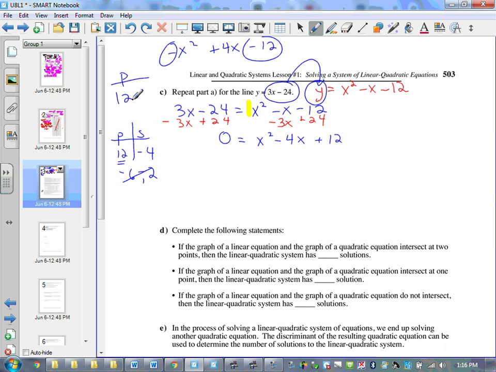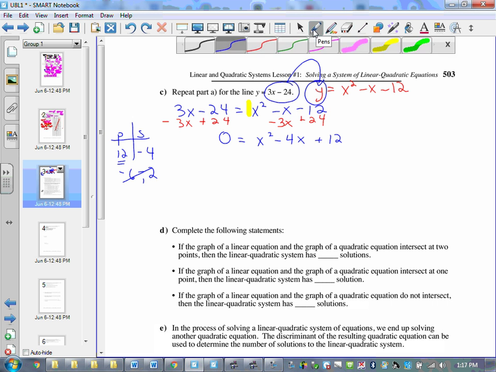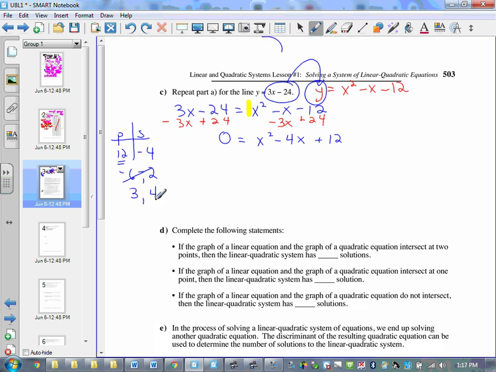Negative 6 and negative 2? No, because it'll multiply to positive 12, but it'll add to negative 8. We're going to focus on this one. Can we come up with any factors that work? Yeah, 3 and 4. Okay, let's list them all: 6 and 2, 3 and 4, 12 and 1. Those are it.